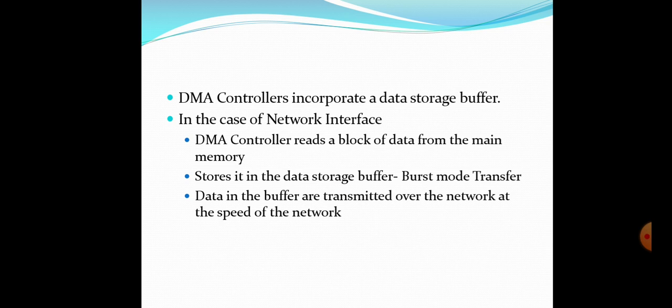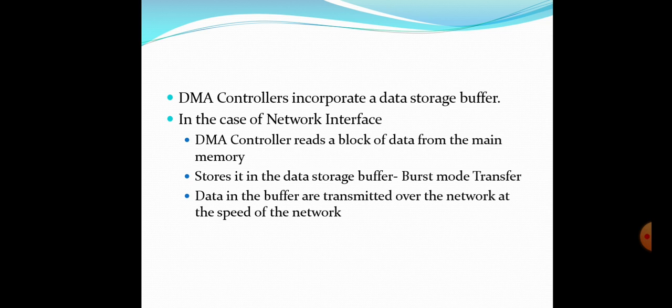Now, another feature of the DMA controller is that it associates a data storage buffer to it. What is the purpose of this data storage buffer? It can be explained like this. In the case of a network interface, we need to transfer data from memory to the network.